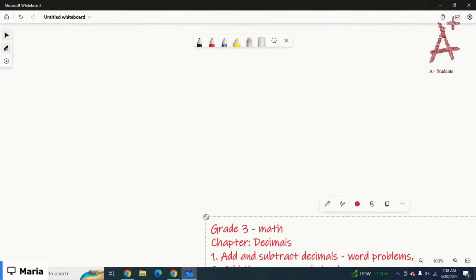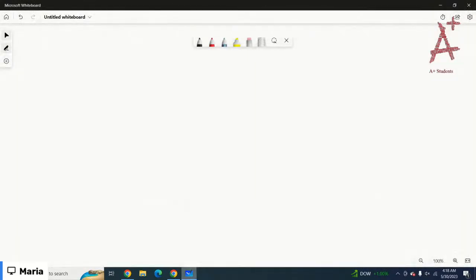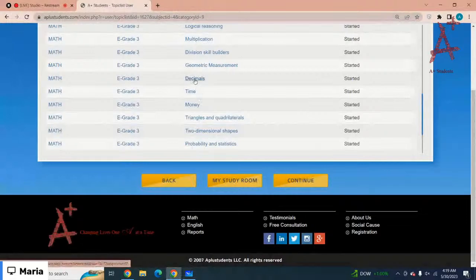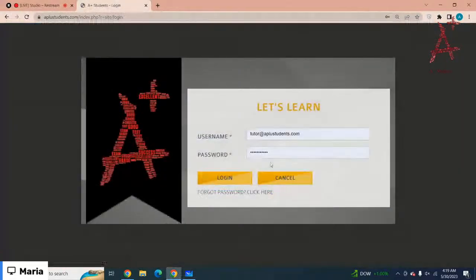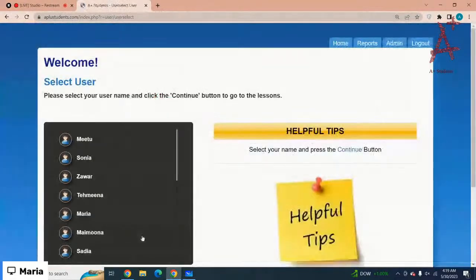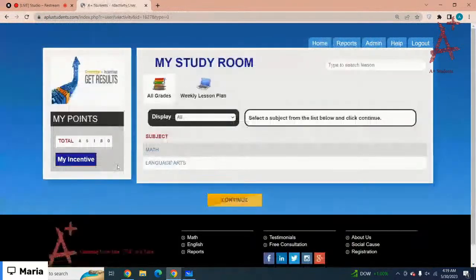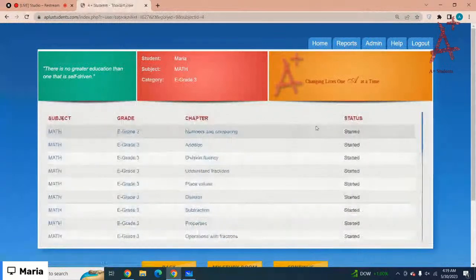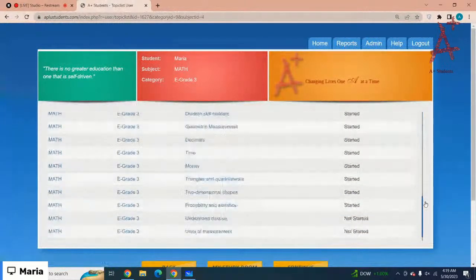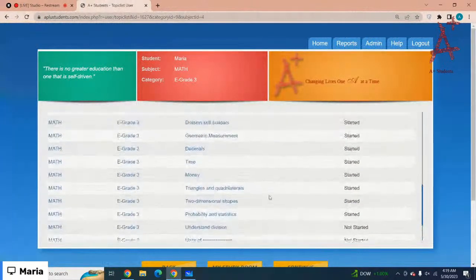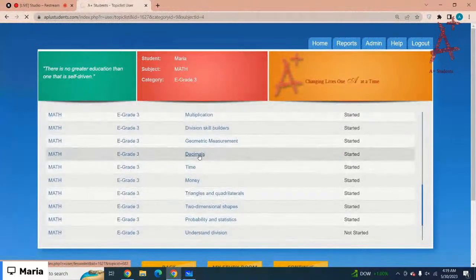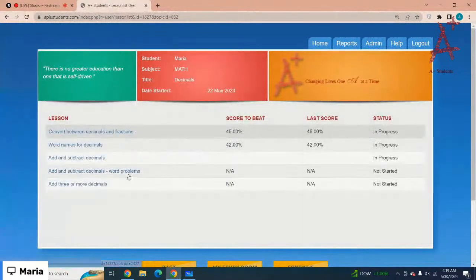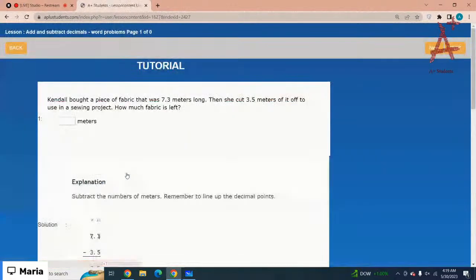Hold on. Decimals, okay. Okay, here is decimals. Okay, add and subtract decimals word problems.